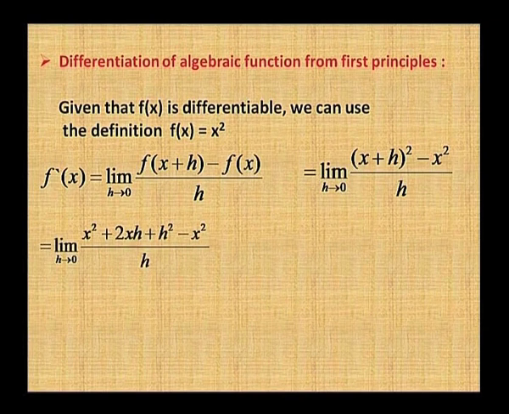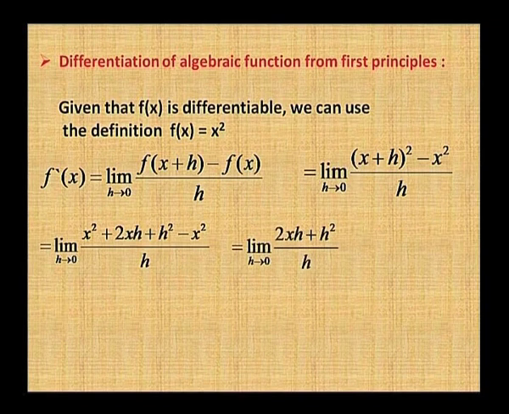Limit h tends to 0, (x plus h) whole square expands as x square plus 2xh plus h square minus x square upon h, which equals limit h tends to 0 of 2xh plus h square upon h.